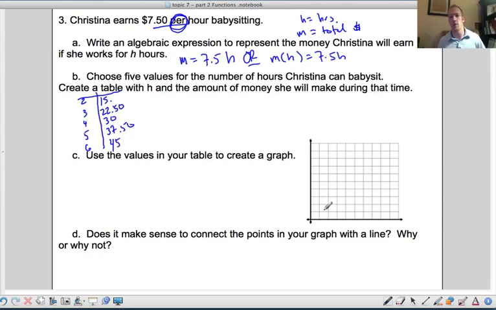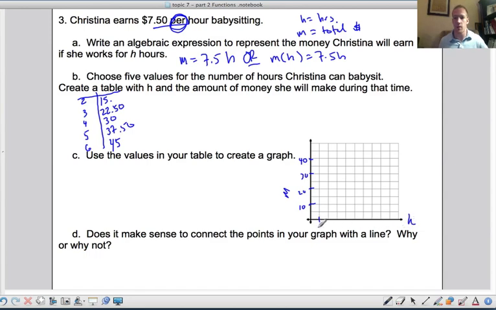Okay, so we're going to have to adjust our scale over here because there's only 10 boxes, so we obviously can't go up to 45. Let each box count as 5, so that way we got 10, 20, 30, 40. We can fit it. Our y-axis, that's our dependent variable, how much you make depends on how long you work. So this is going to be our m-axis, and this is going to be our h-axis.